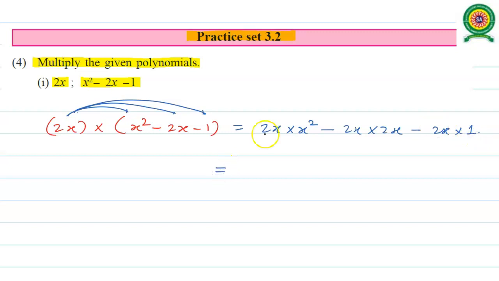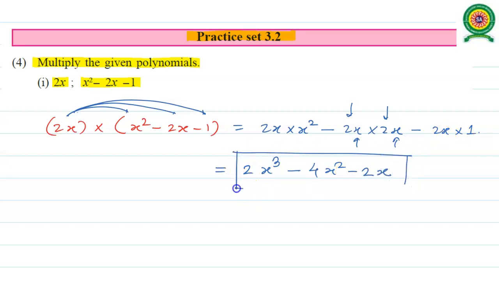Simplify it: 2 ones are 2, x into x square gives x cube; minus 2 twos are 4, and x into x gives x square; and 2 ones are 2, and x as it is. So after multiplying the given polynomials, we have our solution 2x cube minus 4x square minus 2x.